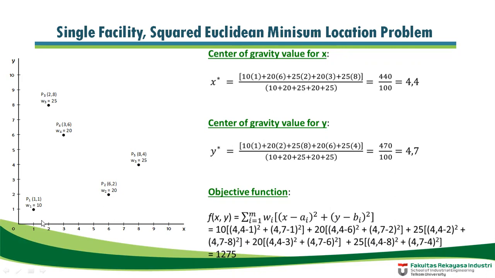For example, P1 has 1 as its x coordinate. Let's put 1 first in the bracket and multiply it by 10, which is its weight, and add 20, which belongs to P2, and multiply it by its weight of 20, and then 25 times 20, followed by P5, which is 25 times 2.